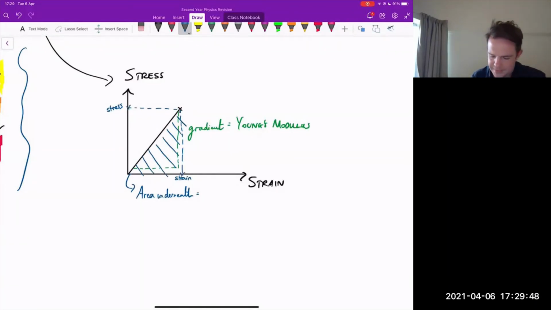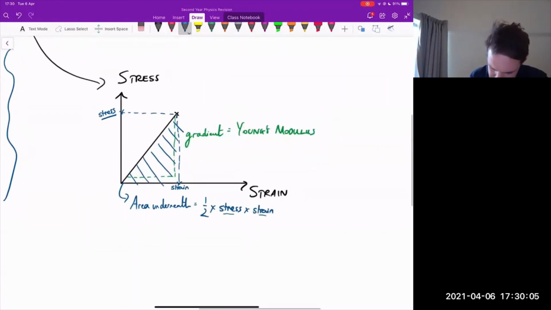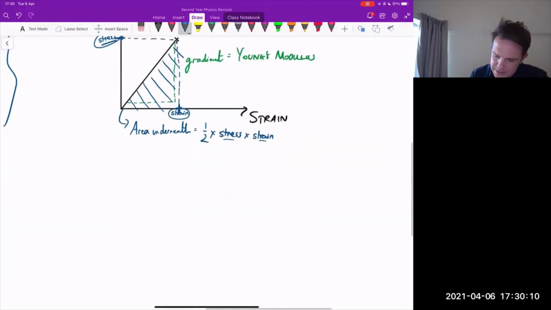And what we're doing is finding the area, which is going to be half times this value. For the purposes of this explanation, just treat these values, stress and strain, as the values that are on the axes here and here. You'll see why. Because then we've got half times F divided by A times delta L divided by L.